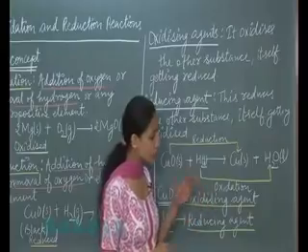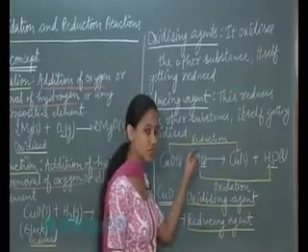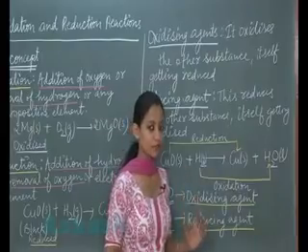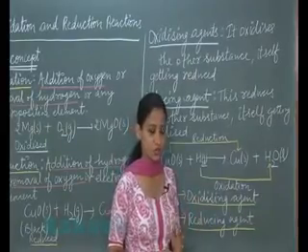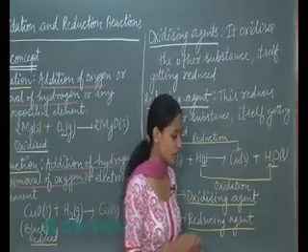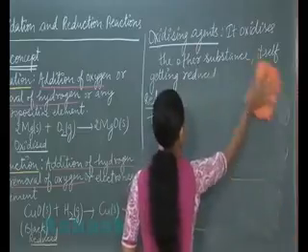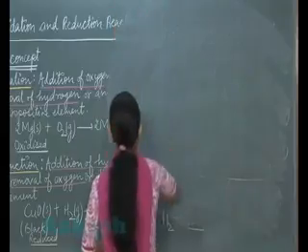Now students, one more thing here, in the reaction in which oxidation and reduction both are occurring simultaneously, that type of reaction is known as redox reaction. So let us learn more about redox reaction. Now students, let us study what are redox reactions.